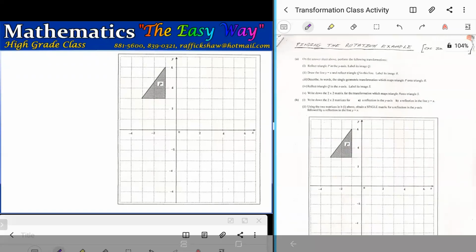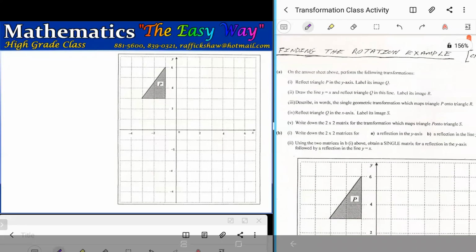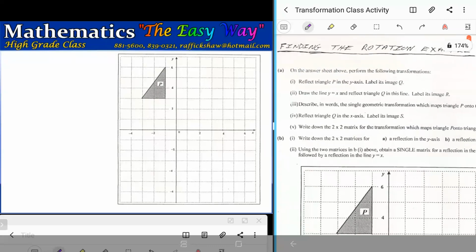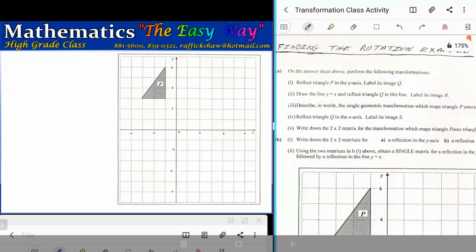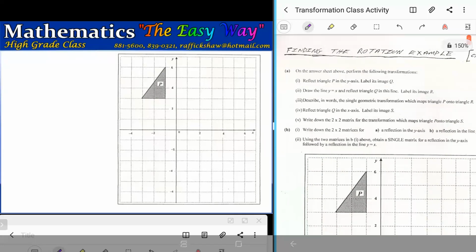This first one, I call it finding a rotation example. It's about rotation, but it also deals with the compound transformation. I'm going to answer each part. The question is on this side, and I'm going to do the solution over on the left side. I'll explain as I go.